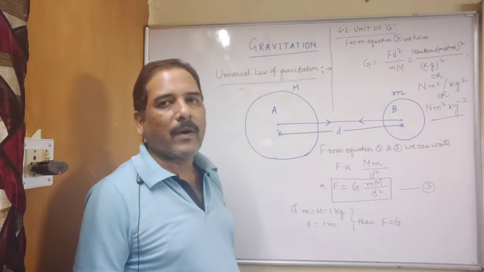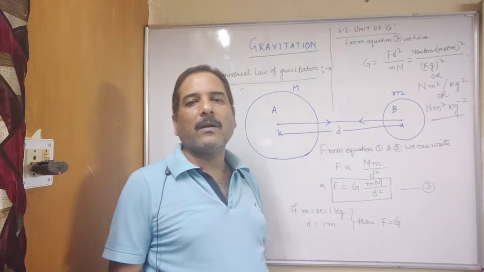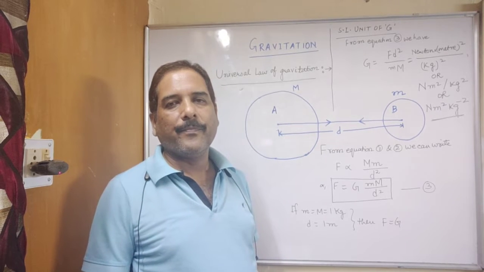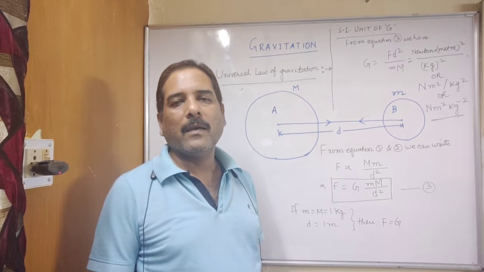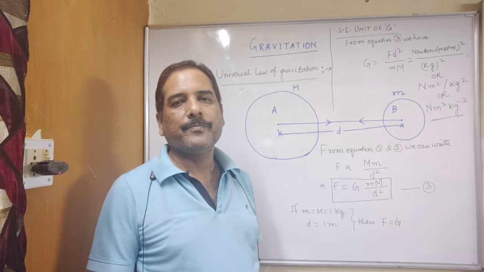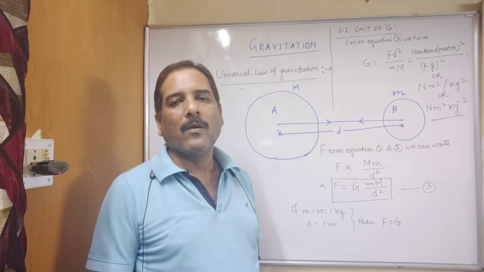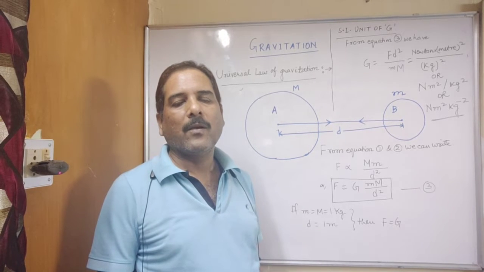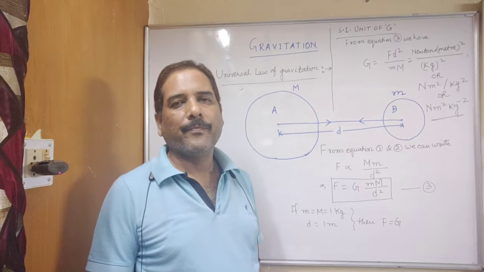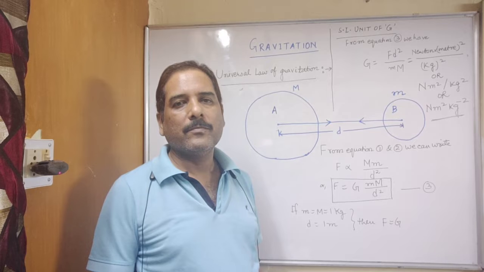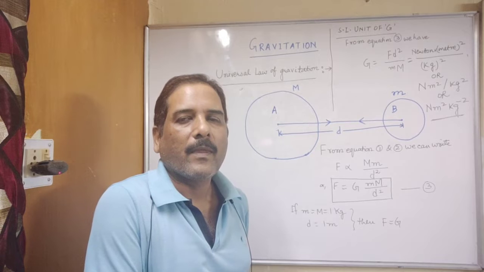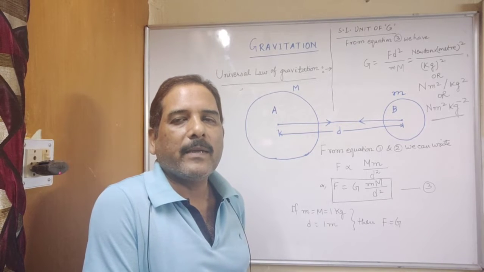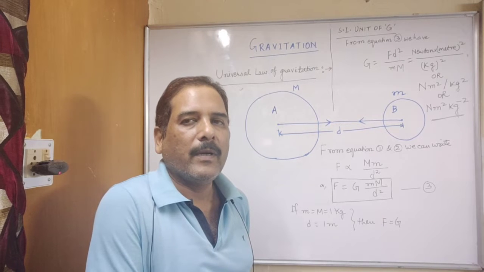So write a definition for it. Write: gravitational constant is numerically equal to force of attraction between two unit masses separated by a unit distance.